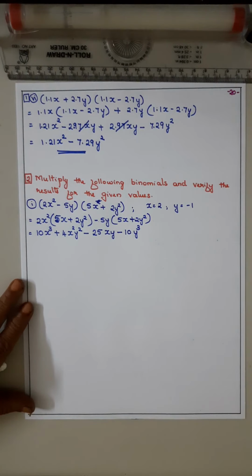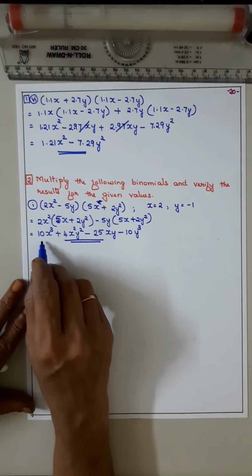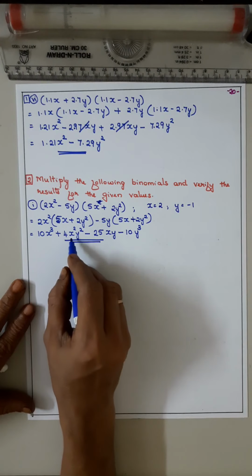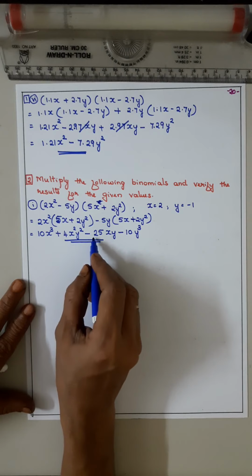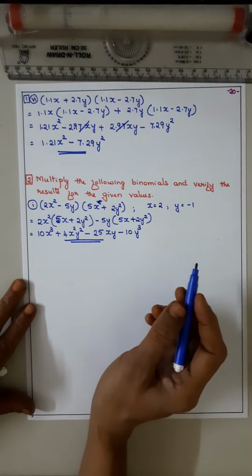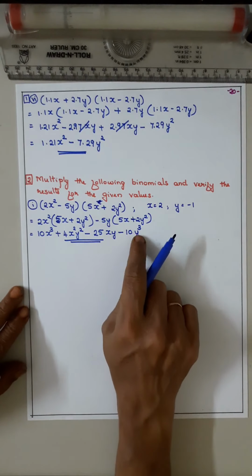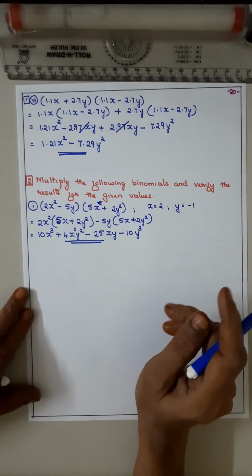So the answer is, there are no like terms, 10x cube plus 4x squared y squared minus 25xy minus 10y cube. Please take care when you put the signs, otherwise the answer will be wrong.